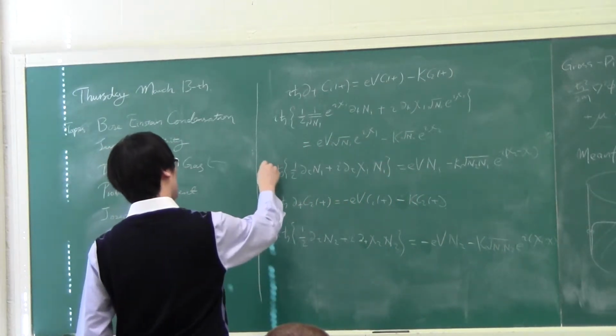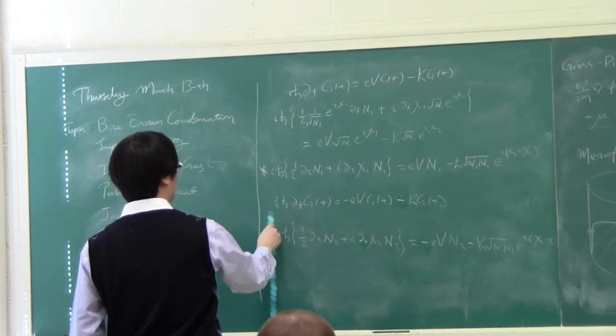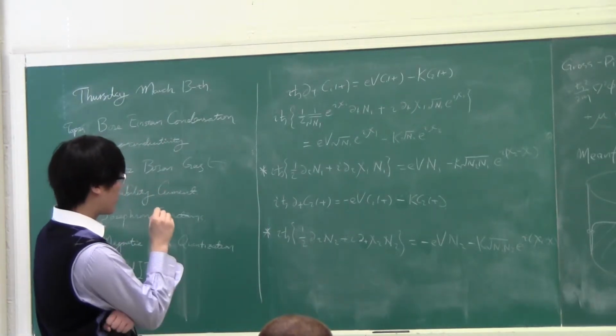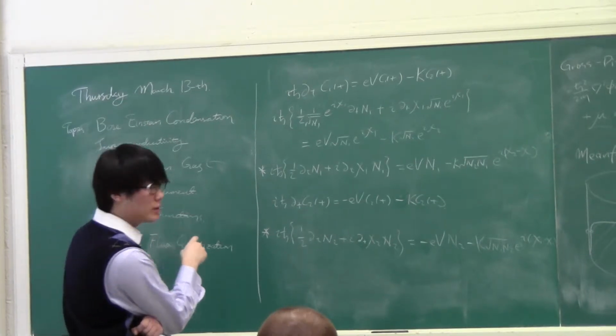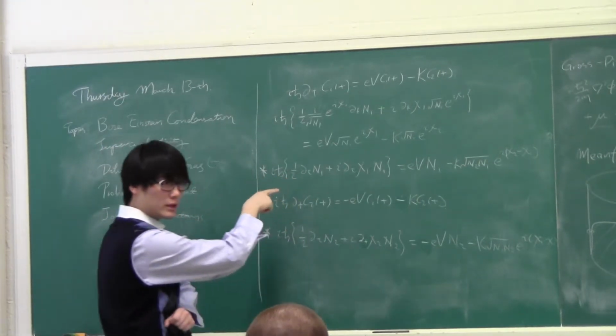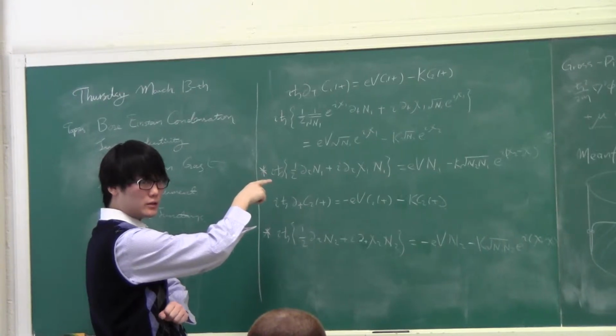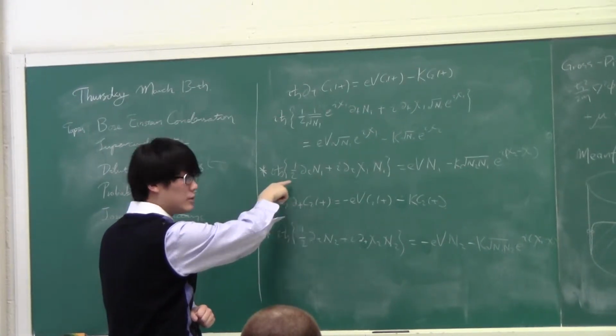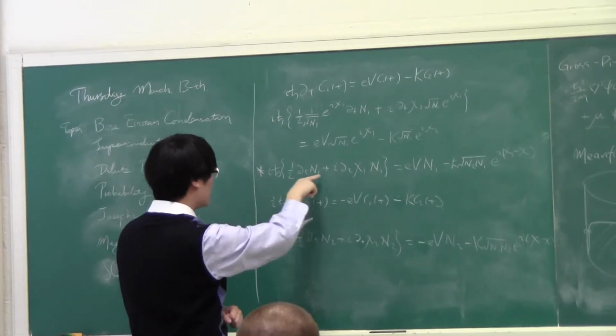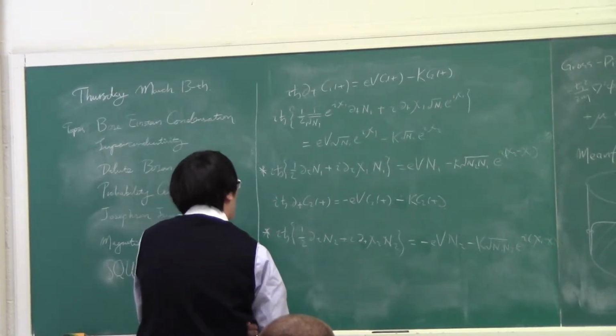So now we take this equation and we take this equation. When we take the imaginary part of this equation here, we're only going to pick out the time variation of the numbers.